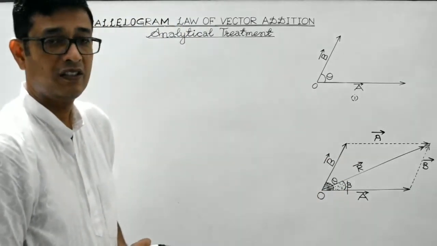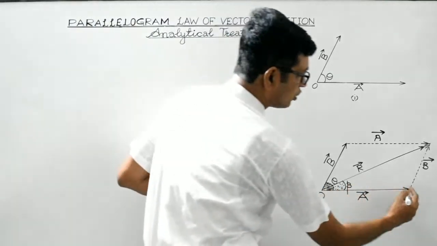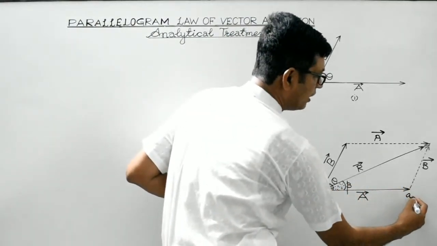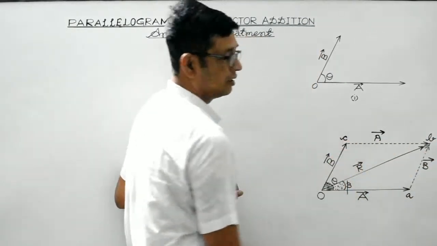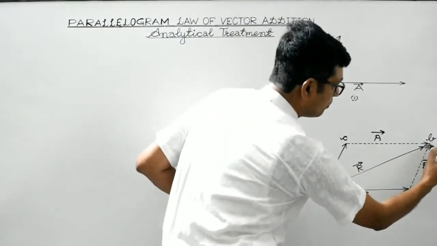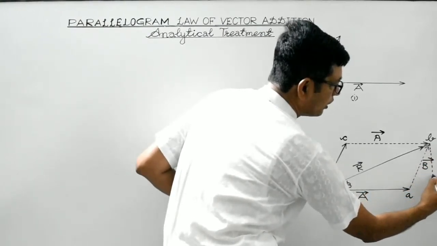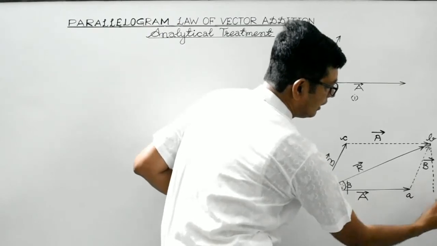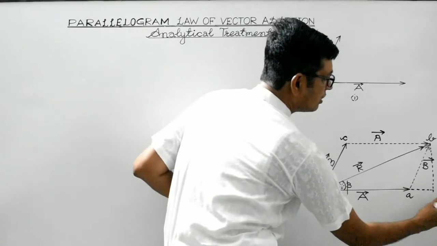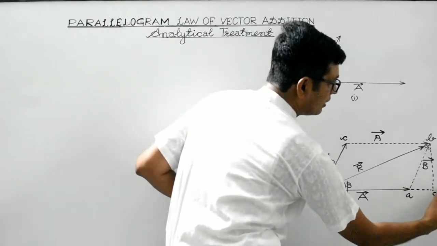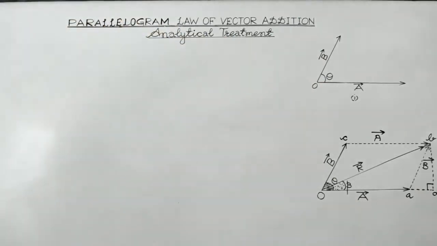Clear, students? Now, in order to proceed, we consider this to be point small a, this to be small b, and this to be small d. From point B we drop a perpendicular and produce OA such that both meet at point D. This is the perpendicular.